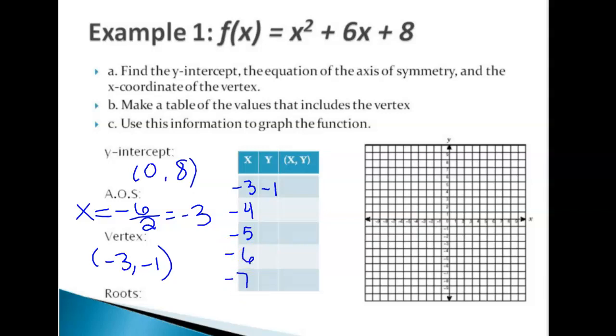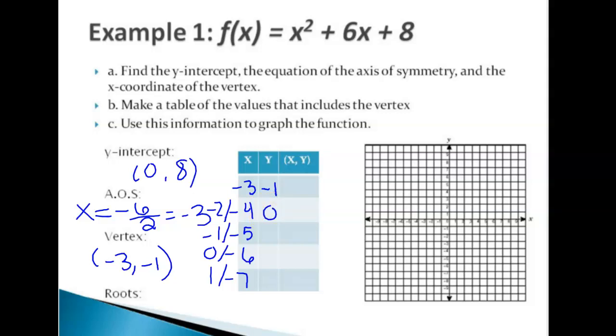Technically, all of the points can go to the left or to the right. So you have negative 3, negative 4, negative 5, negative 6. Or that's the same as negative 2, negative 1, 0, and positive 1. Our a value is 1, so all my y values are just shifted down 1. So instead of 0, it's negative 1. Instead of 1, it's 0.